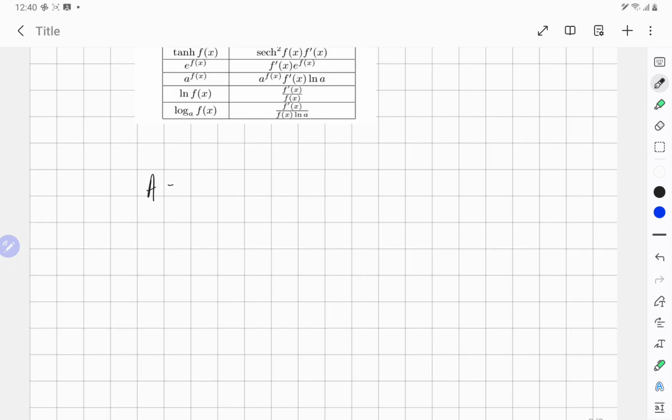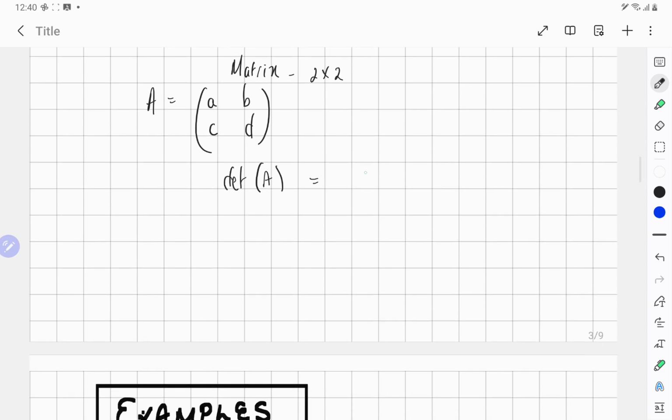Then I just want to recap on this. If you have a 2 by 2 matrix, how do we do the determinant of A? In most textbooks, we denote it by A with the vertical lines. We cross over, so we say AD, then minus, cross over again, BC.